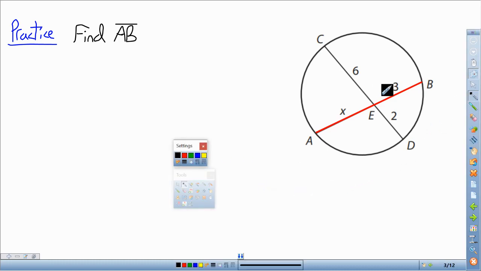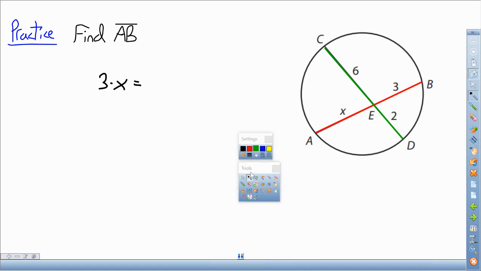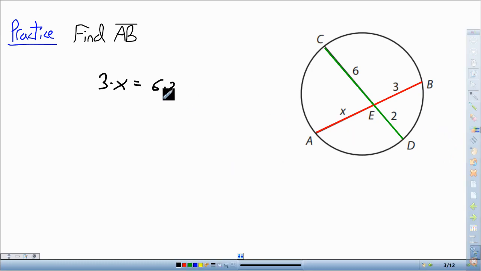I know the two parts of this chord, 3 times X, is going to equal the two parts of this chord multiplied together. I'll make a different color: 6 times 2. Once you get this out, it's a pretty easy problem. Looks like we're getting 3X equals 12.